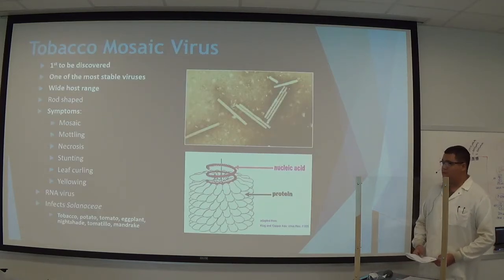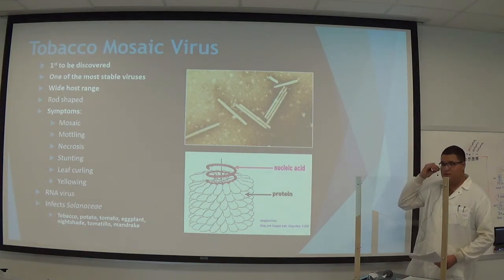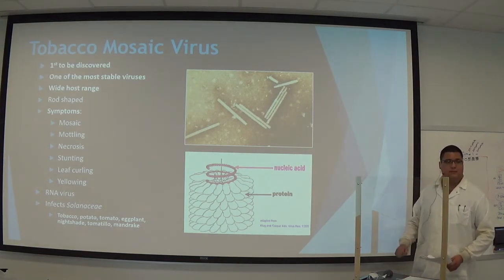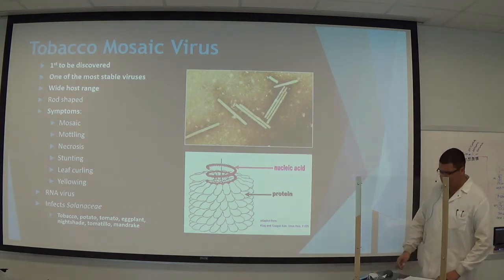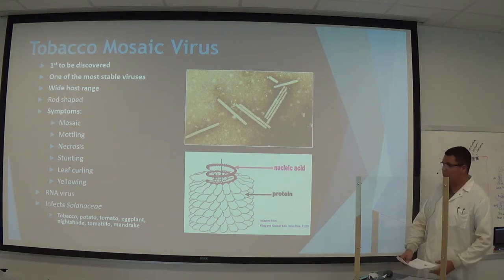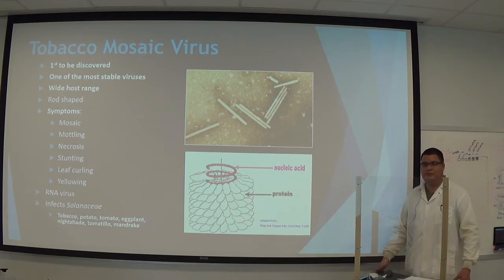Alright, so now we're going to talk about tobacco mosaic virus, which is what we're going to work with today. Are there any questions then on the general characteristics of viruses? No? Okay. So TMV, tobacco mosaic virus, is the first to be discovered. It's one of the most stable viruses, meaning that it doesn't degrade when it's outside of its host.